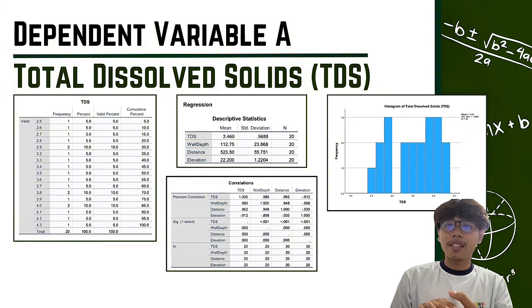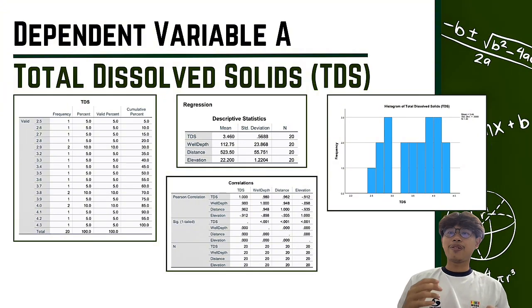So before discussing the result, I would like to briefly explain how I analyzed the TDS data using the SPSS software. First step, I entered all 20 observations into SPSS. Then the variable total dissolved solid or TDS was defined as the dependent variable and measured in milligram per liter, mg/L.